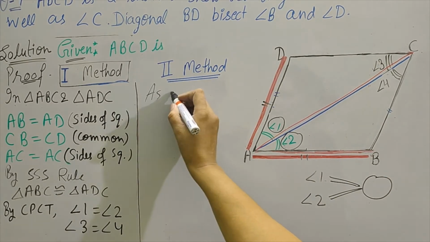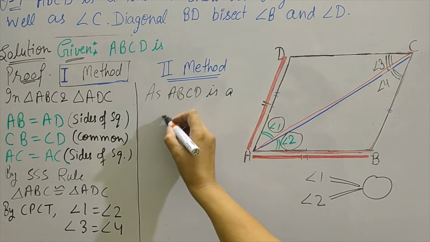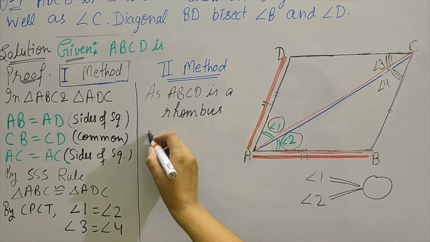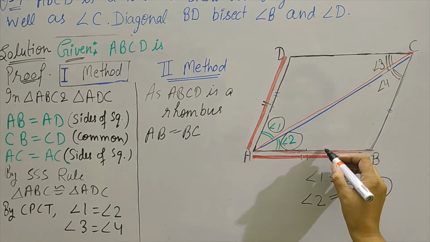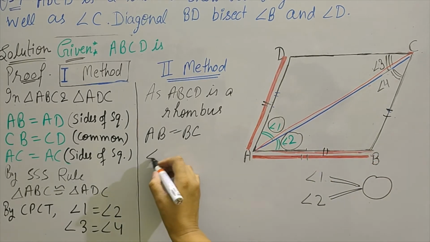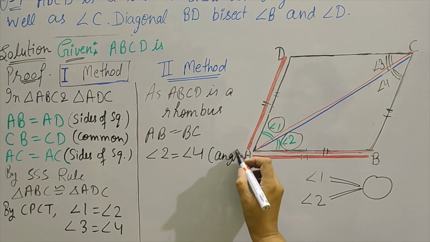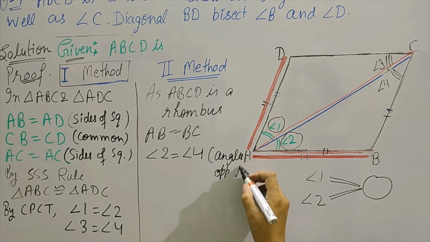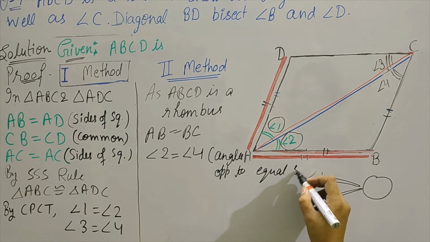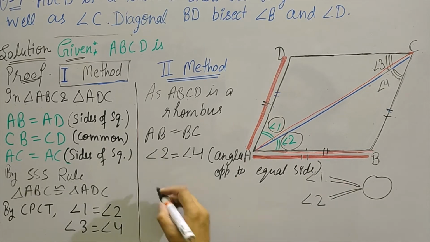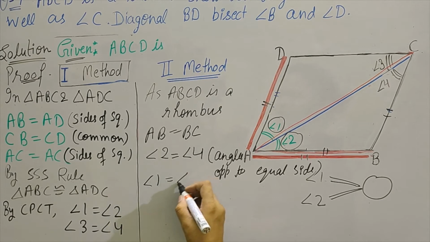So as ABCD is a rhombus, so what can we say? AB is equals to BC. These two sides will be equal. So angle 2 should equals to angle 4. Reason, you know, now you are being very perfect. Angles opposite to equal sides. This we can say.